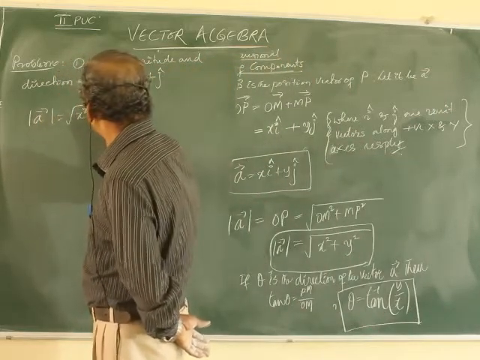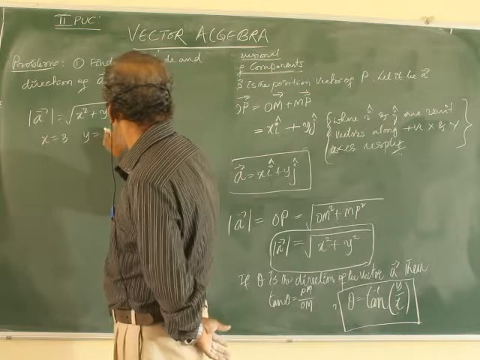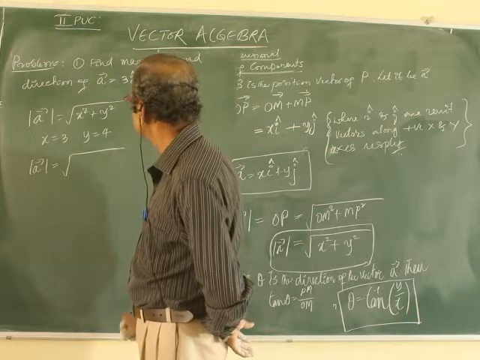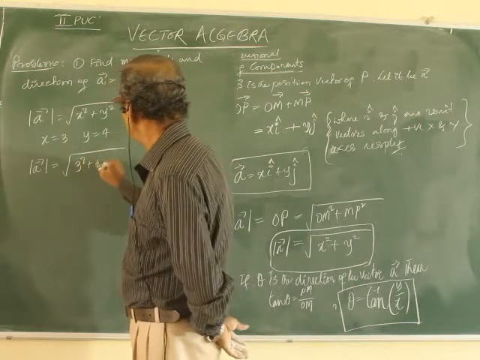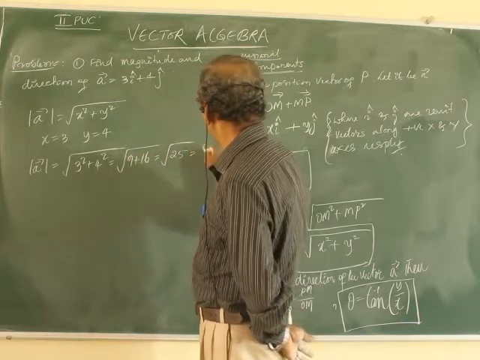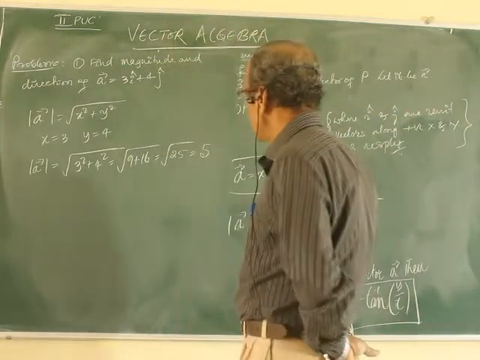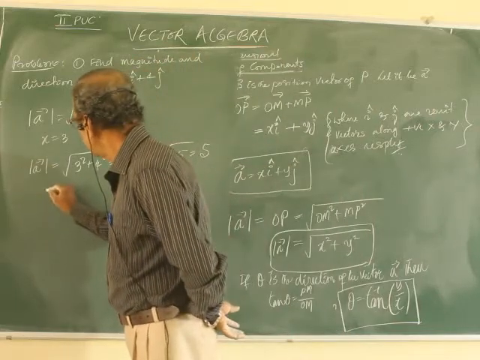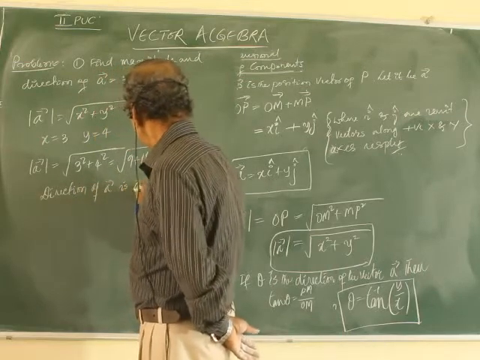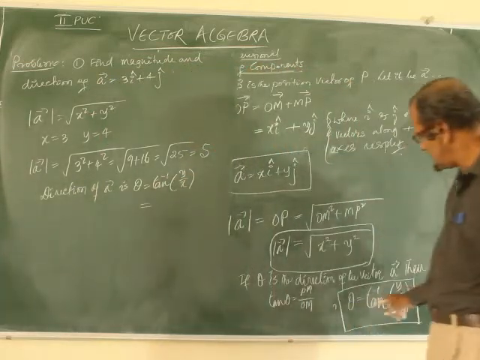Formula, let me write the formula first. Root of x square plus y square. X is 3, y is 4. So, magnitude of the vector is root of 3 square plus 4 square, 9 plus 16, root of 25, magnitude is 5. Direction of vector A is theta equal to tan inverse of y by x.